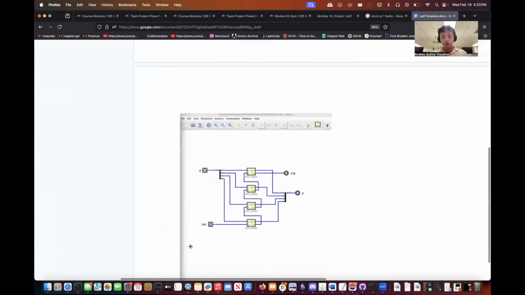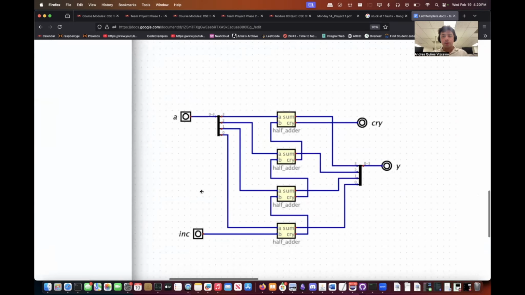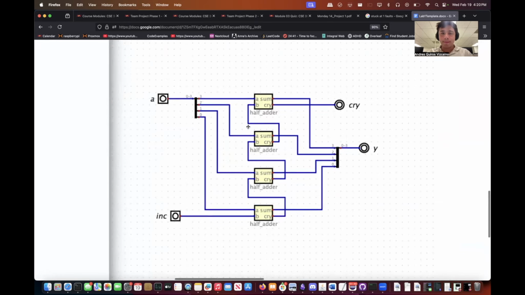So let's see how this works. There are basically a lot of them together because I had to import that component into a new one. We start here with 0, and it takes the other one. There are 2 outputs, it could be either a sum or a carry.